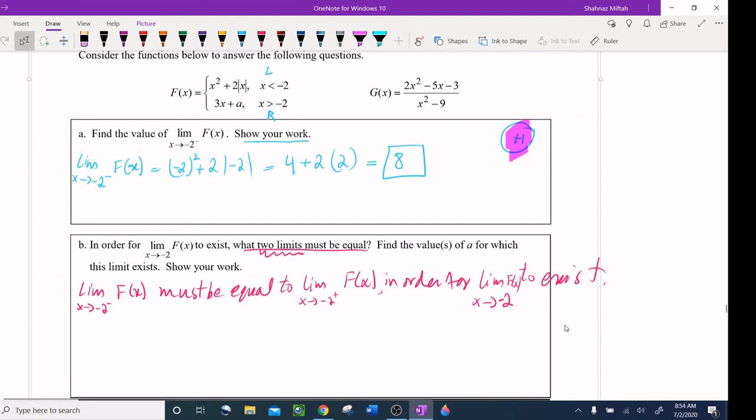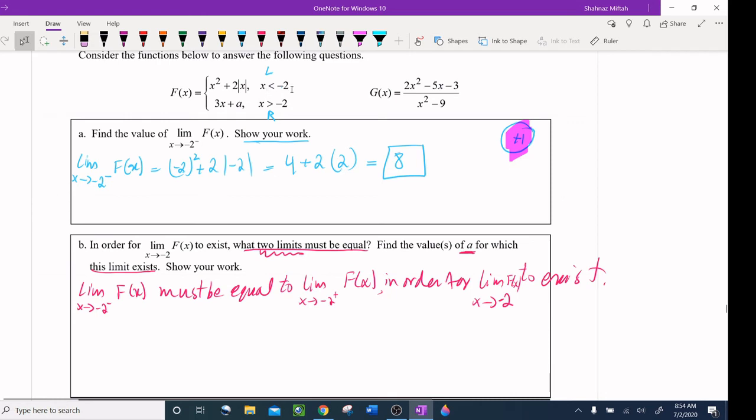Let's see, find the value of a for which this limit exists. And again, show your work. Now, if you check, this is my a, right? Always, always, always, when you are looking for any variable missing in the piecewise function, make these two pieces equal to each other.